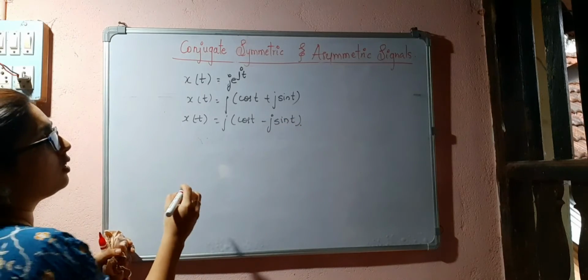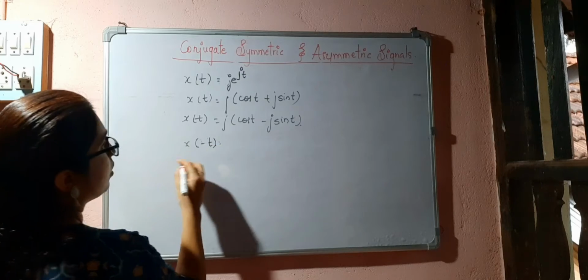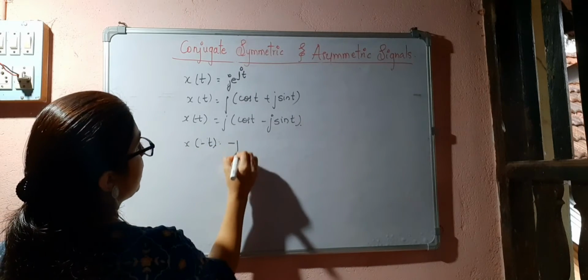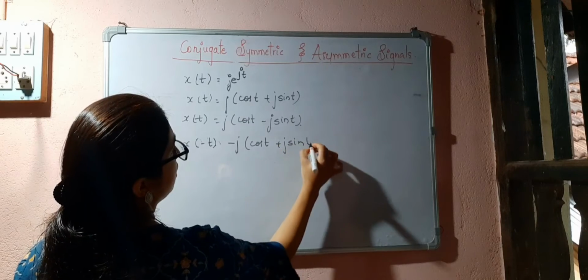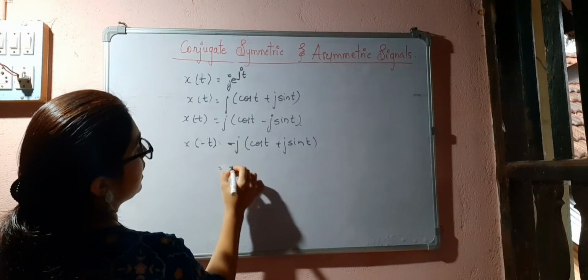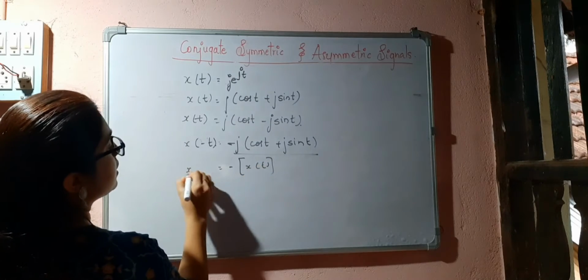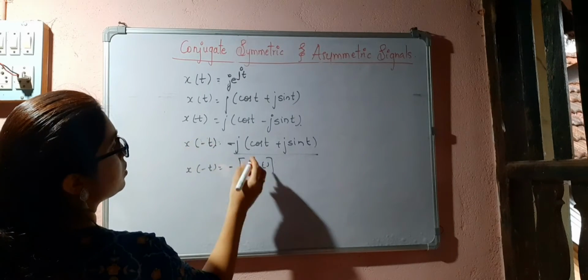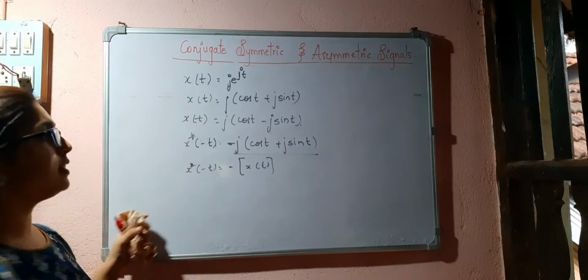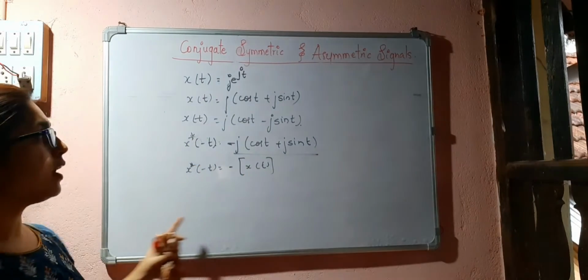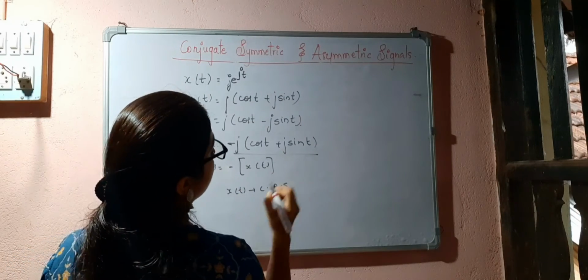Now if I take the conjugate of this, minus j cos t plus j sin t. So this is minus as it is. This becomes x of t. So this is the conjugate of minus t. So x conjugate of minus t is equal to minus x of t. So I can say that x of t is the conjugate asymmetric signal.